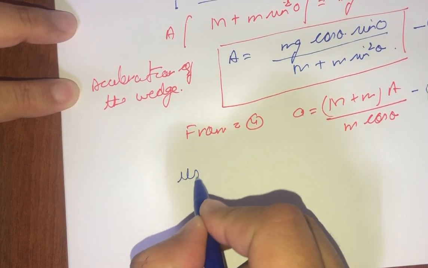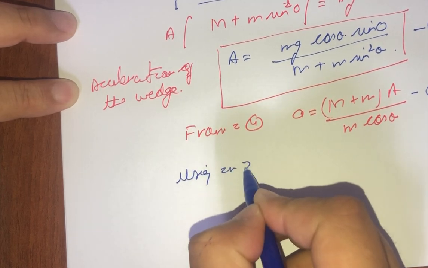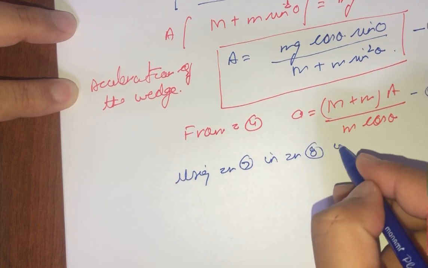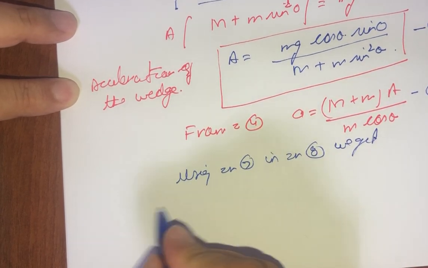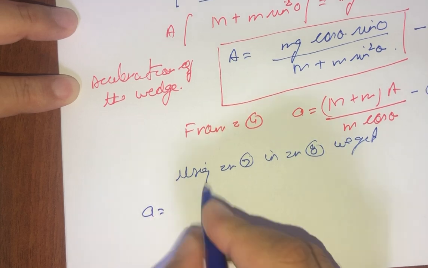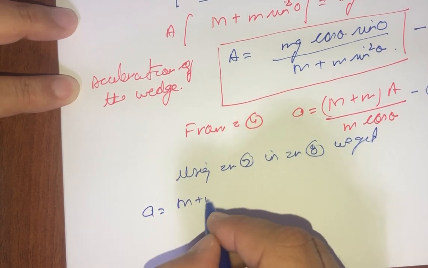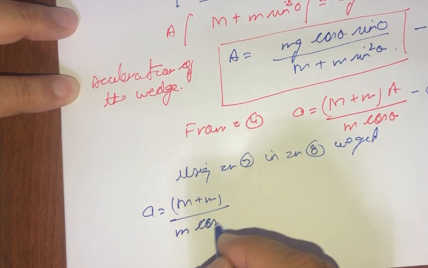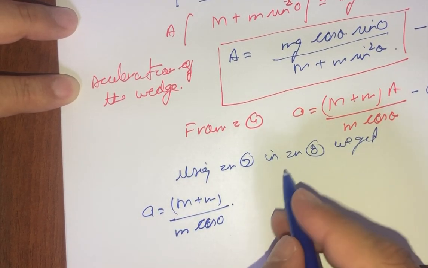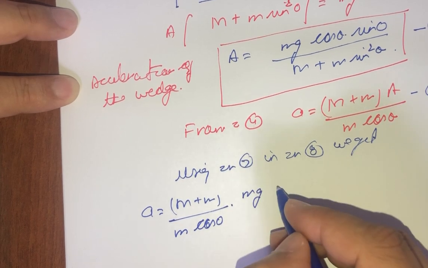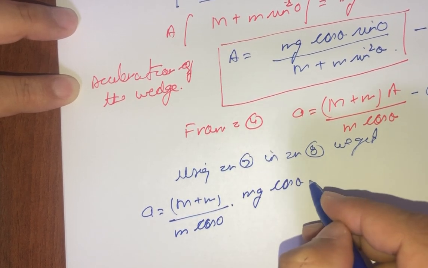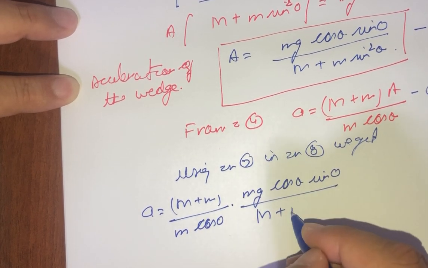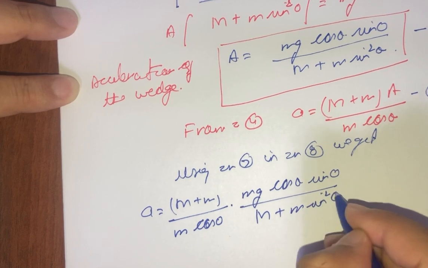So using equation 7 in equation 8 we get a is equal to capital M plus small m divided by m cos of theta, and putting the value of capital A we get mg cos of theta sin of theta divided by capital M plus small m sin square theta.